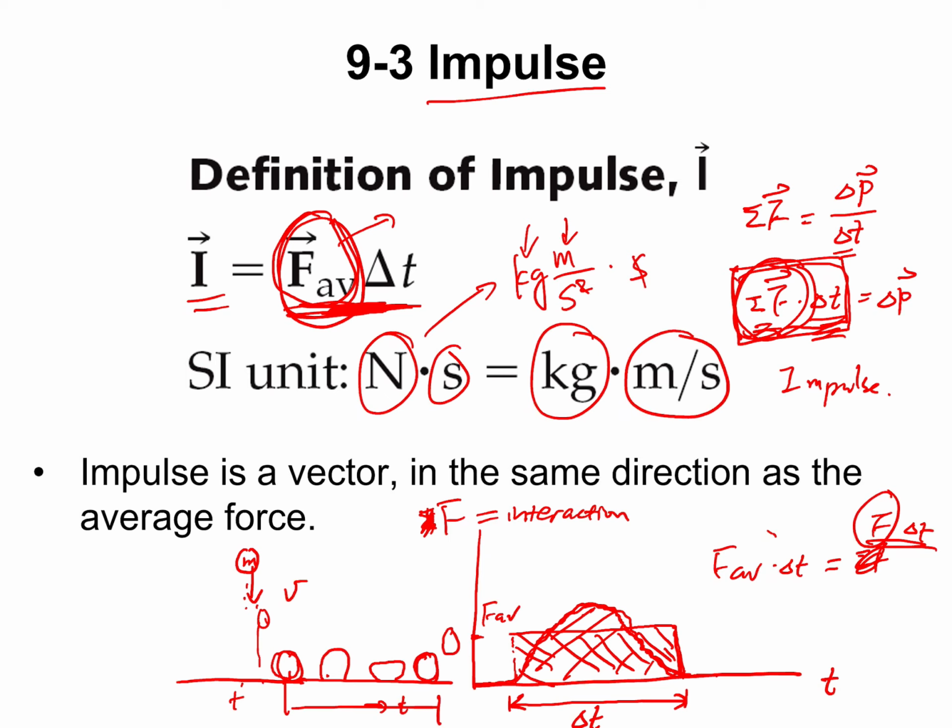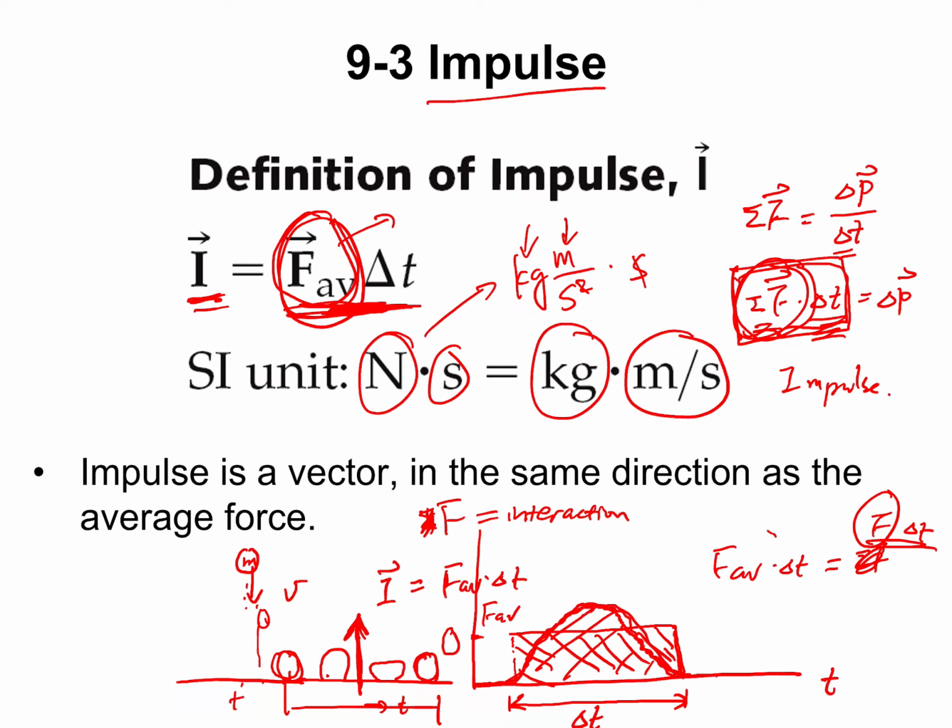So the direction of impulse is the same as the direction of the force. So in this example, the tennis ball hits the ground. What is the impulse from the ground on the tennis ball? We know the ground provides a force on the tennis ball, so the force is in the upper direction. So the impulse is in the upper direction, equal to average force times time.